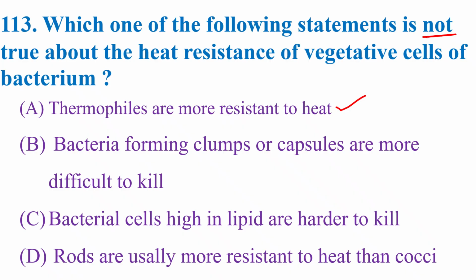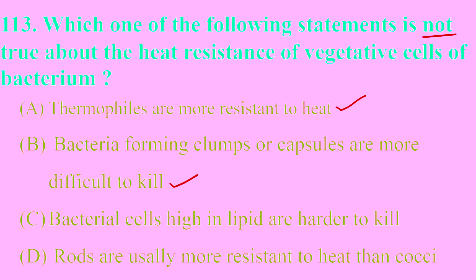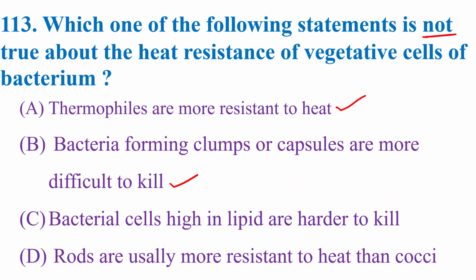Bacteria forming clumps or capsules are more difficult to kill. This is also correct because they protect cells from heat penetration. Bacterial cells high in lipid are harder to kill. So this is also correct because lipids can provide protective effects, like they can have waxy coatings.